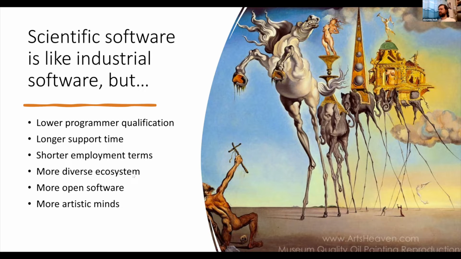It means that you will have a much larger development community, so a lot of people with different backgrounds and different levels of expertise will work on the same project for a long time. And of course, it's a good thing, but it is also a problem that scientists in general are very artistic. So it is good because they invent new things, and it is bad because those things are not always well tested and well maintained.